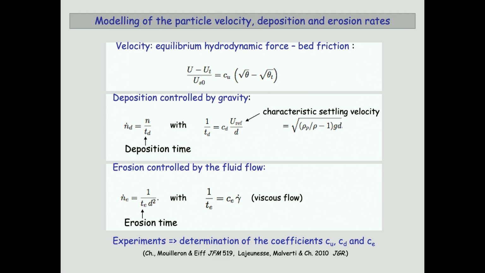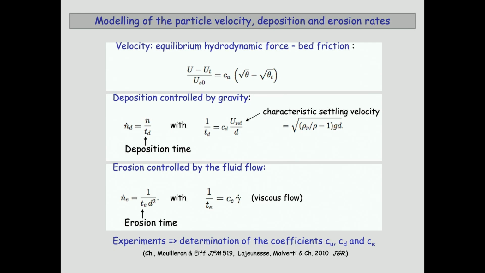Then for modeling the deposition rate, this rate must be proportional to the number of moving particles divided by some deposition time, and this deposition time must involve the characteristic settling velocity Us or U reference divided by d, with some coefficients here Cu and here Cd to be determined by experiments.